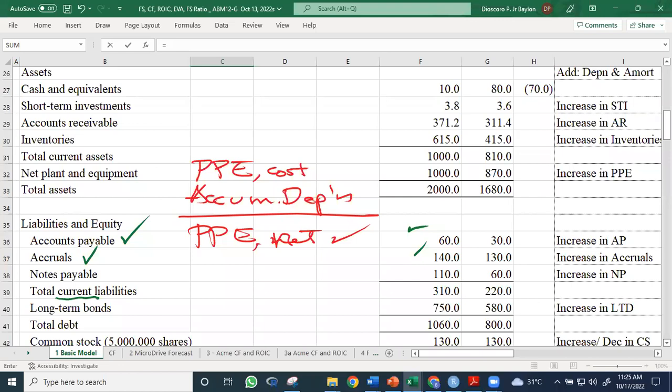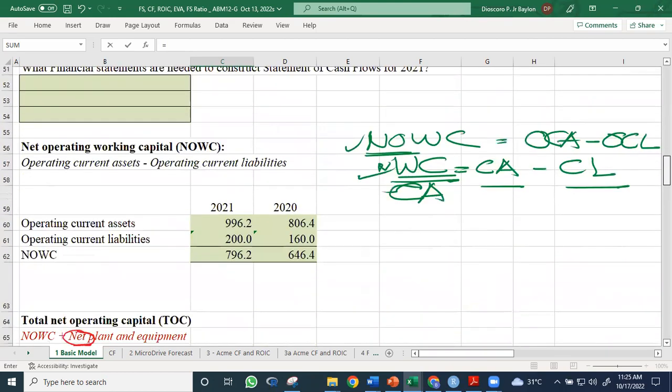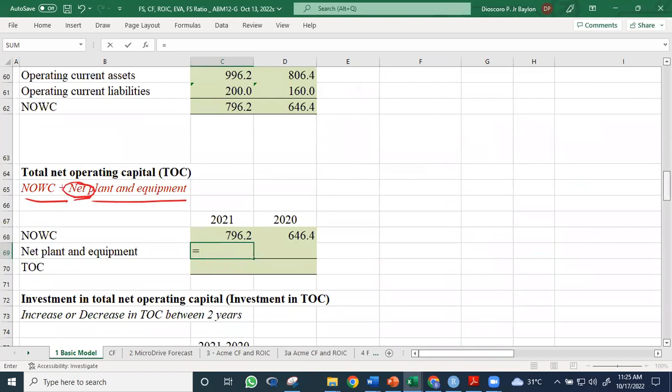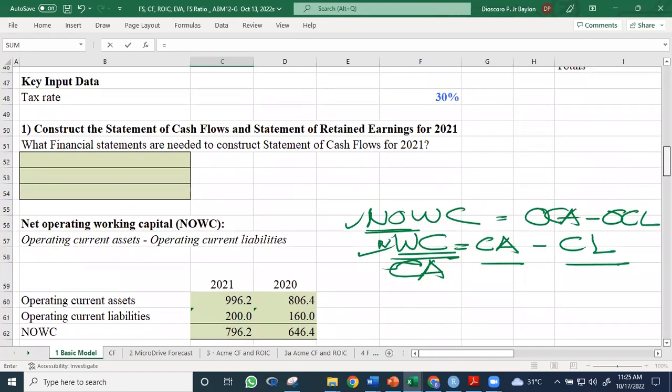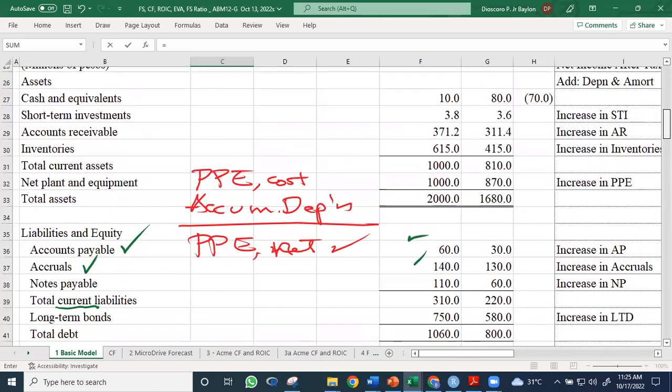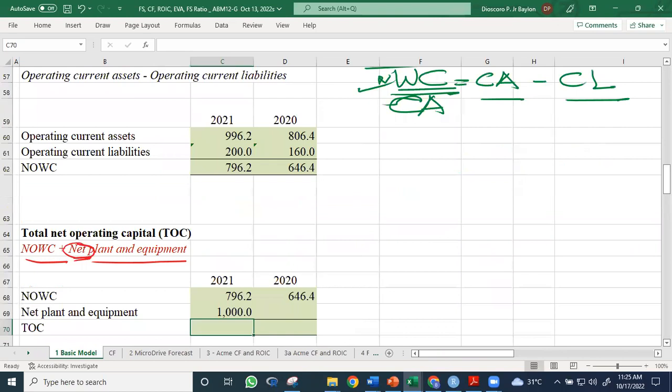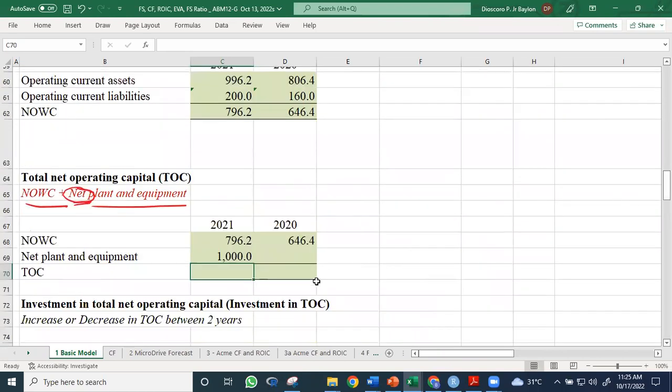To measure your TOC, you get your PPE net and not the PPE at cost. For our balance sheet, no problem, because what's given to us is only the net. This one is 1 million, since our data is in thousands. Then we copy to the right. So this is for 2020.